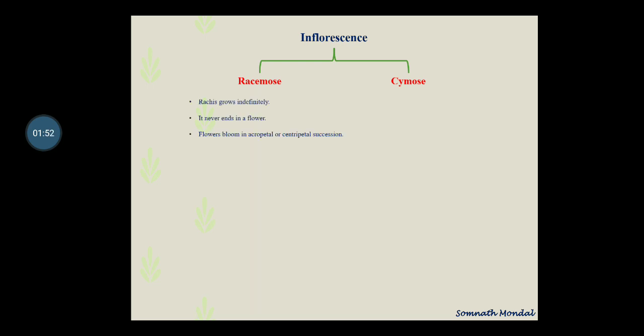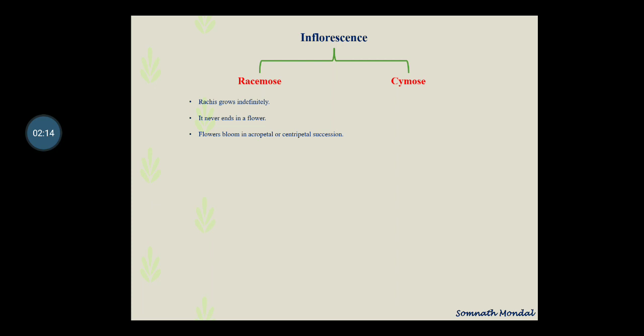Now inflorescence can be classified into two main types, racemose and cymose. In case of racemose, the rachis grows indefinitely. It never ends in a flower, and flowers bloom in acropetal or centripetal succession. We will come to the point of acropetal and centripetal. And what does it mean?